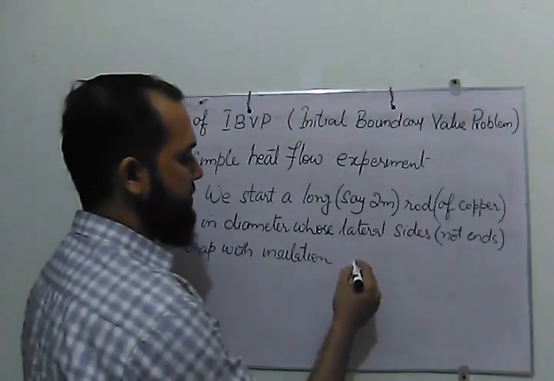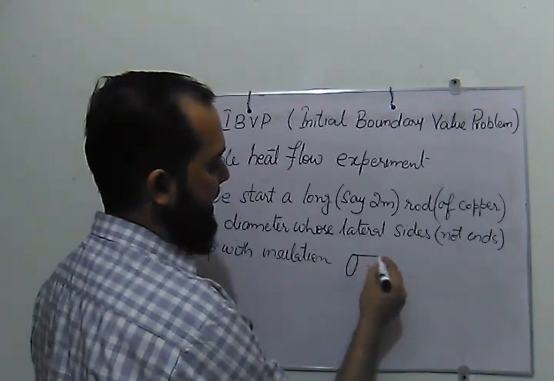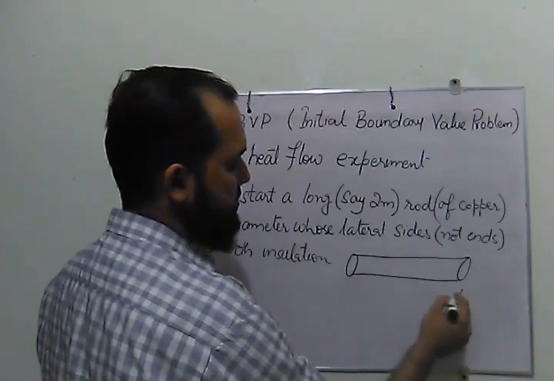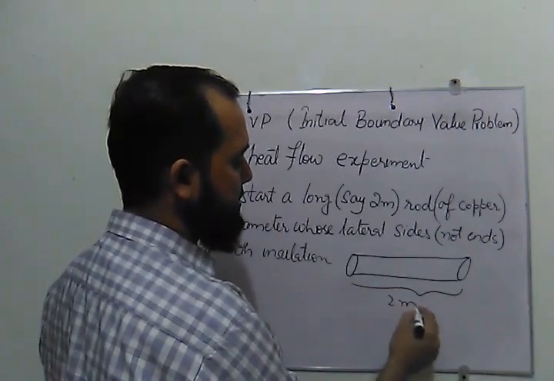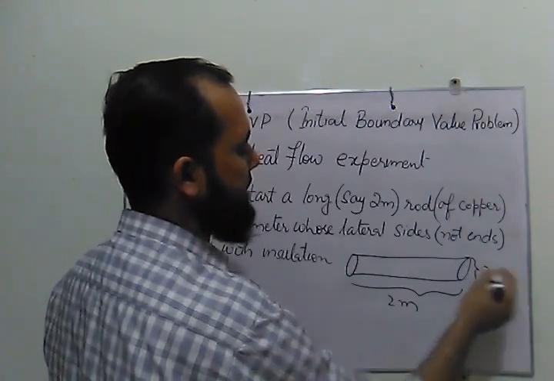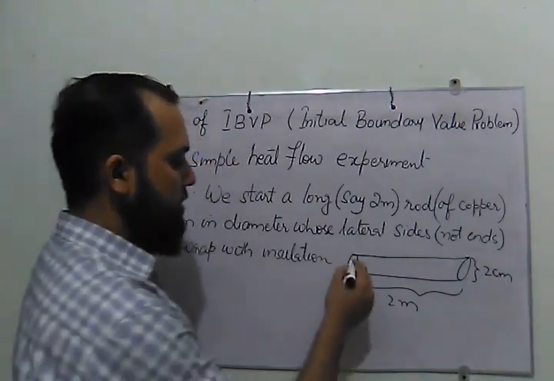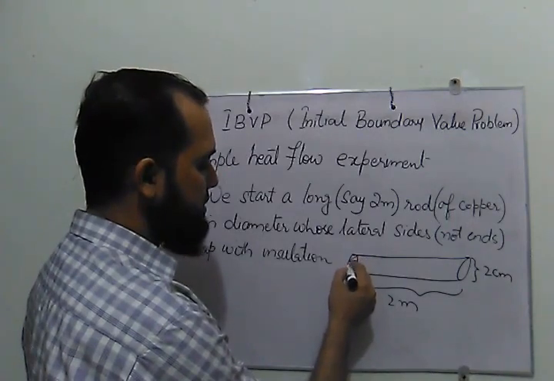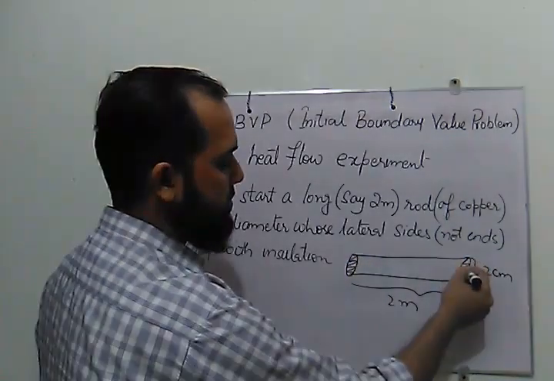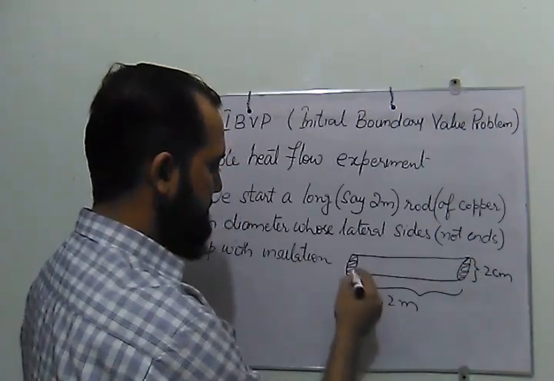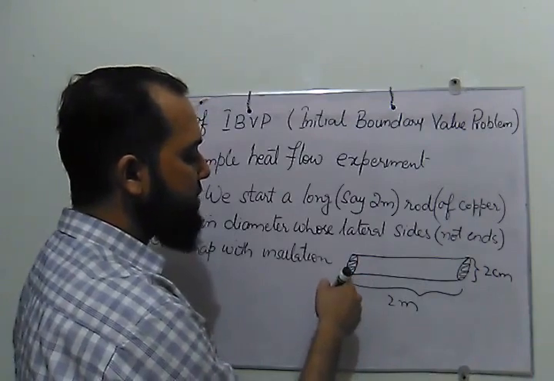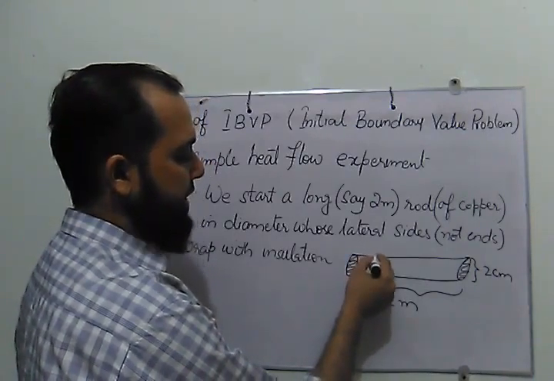For example, if we have a copper tube whose length is 2 meters and diameter is 2 centimeters, we pour some sort of insulation inside the rod so that heat can only transfer in one direction.